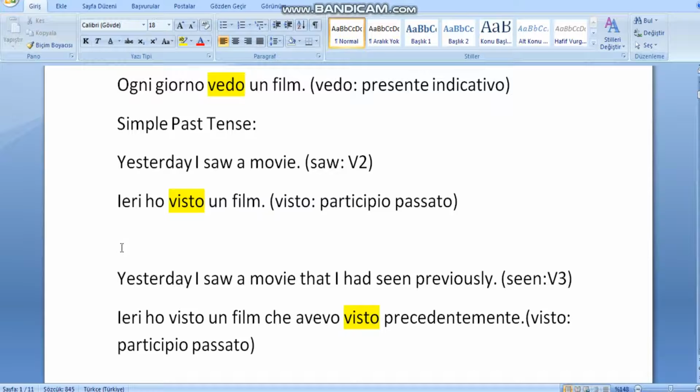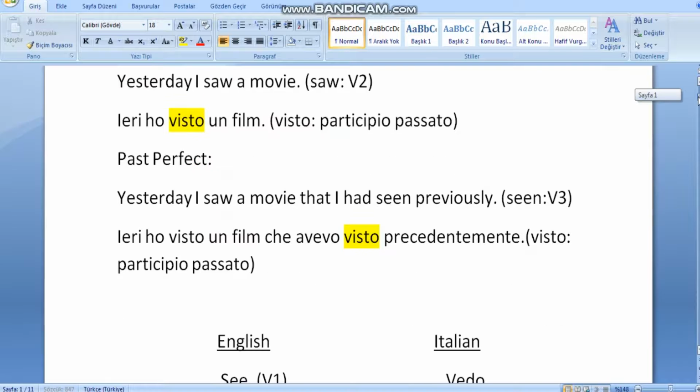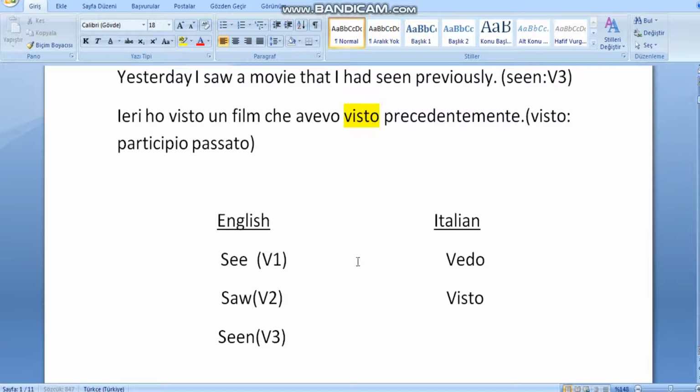These sentences are in past perfect. So the verb see in English is verb 1, becomes saw, verb 2, and later becomes seen as verb 3.